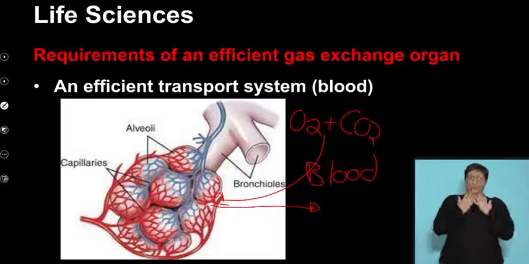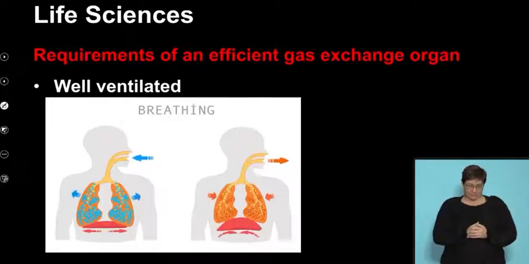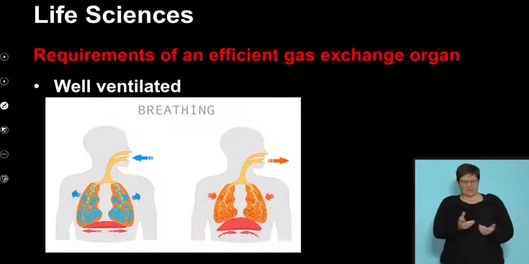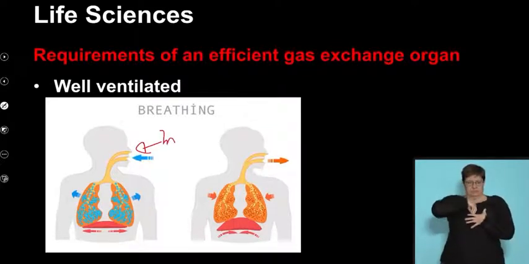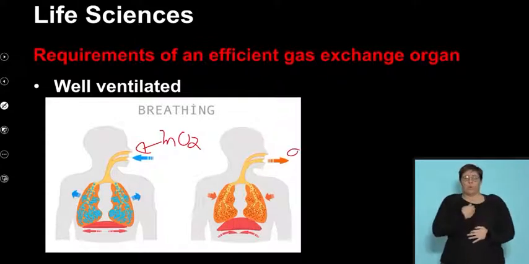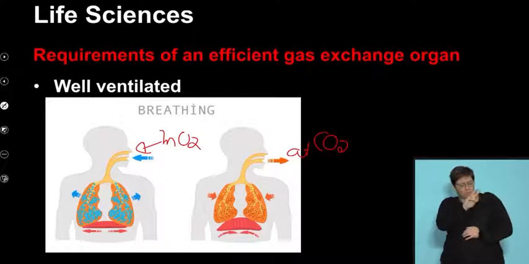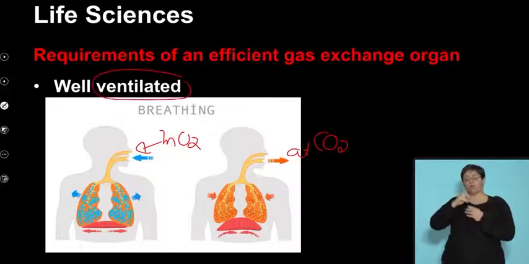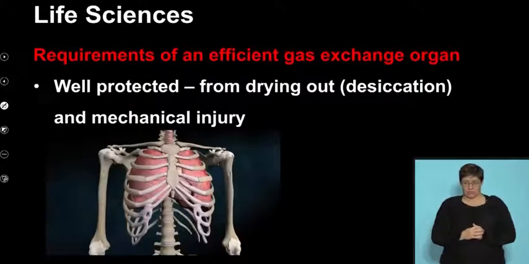This whole concept of in and out. Well ventilated, what does that mean? It means oxygen in, carbon dioxide out. So I must be able to get oxygen in and I must be able to get carbon dioxide out.